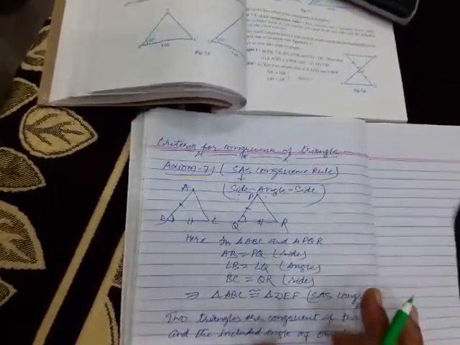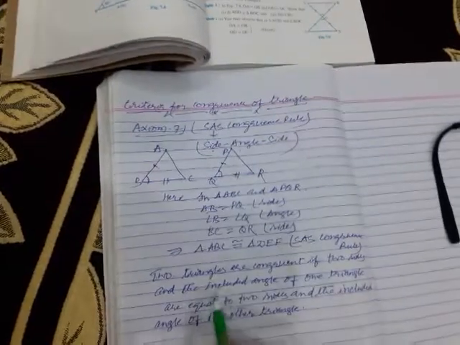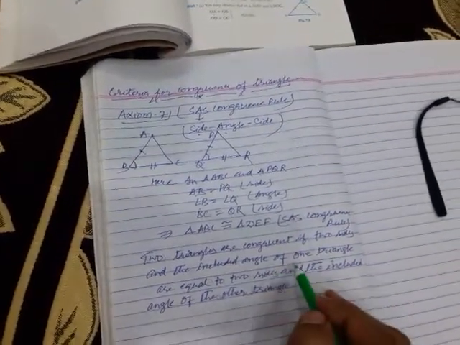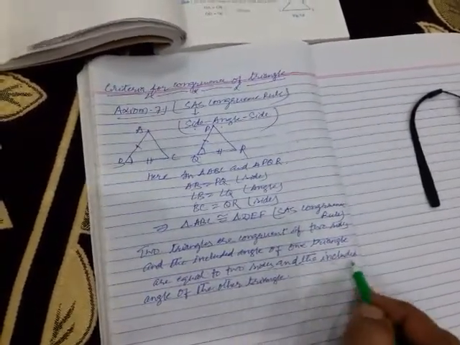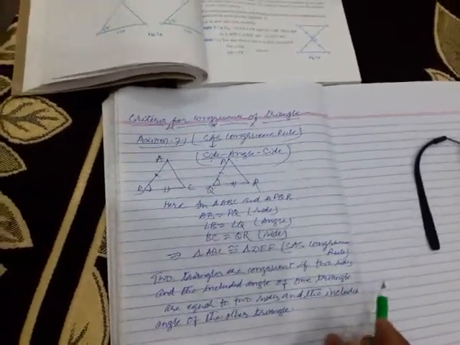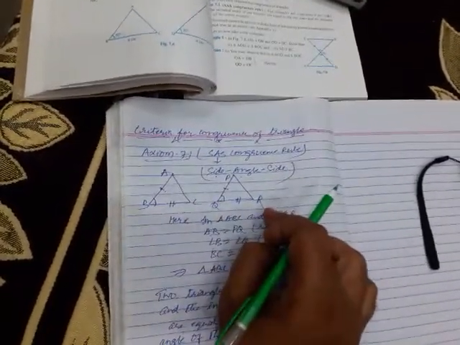Okay, I hope you must have understood. SAS congruence rule states that two triangles are congruent if two sides and the included angle of one triangle are equal to two sides and the included angle of the other triangle, then the two triangles are congruent. That is, in this example, triangle ABC and triangle PQR are taken.